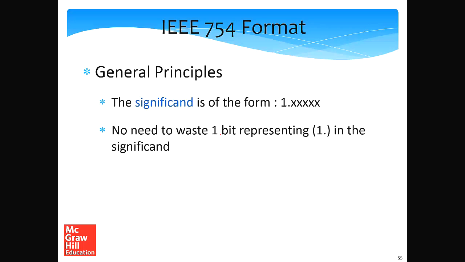We can assume it as the default, that it's always there. We just need to save the mantissa bits. For example, if a number is 1.384, we just need to save 384. We need a binary representation for 384. We can automatically assume that 1 is in there.